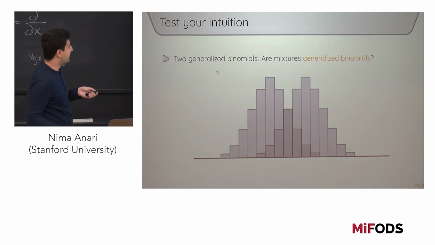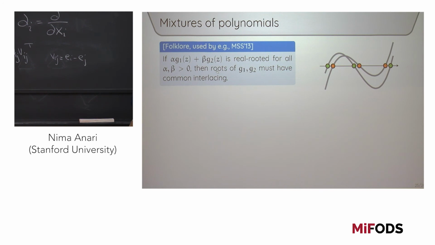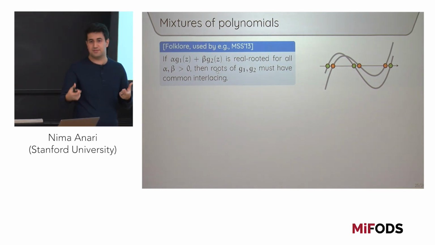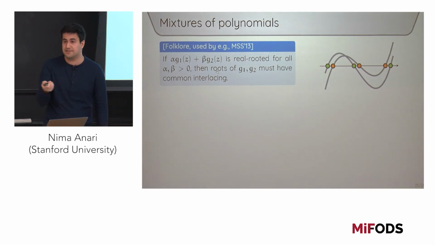And okay, so it's the last slide. This is a proof of this fact. I told you that sums of independent Bernoullis correspond to polynomials whose roots are real, right? So if I have two distributions whose mixtures are always sums of Bernoullis, I know that the mixtures of the corresponding polynomials are always real rooted.